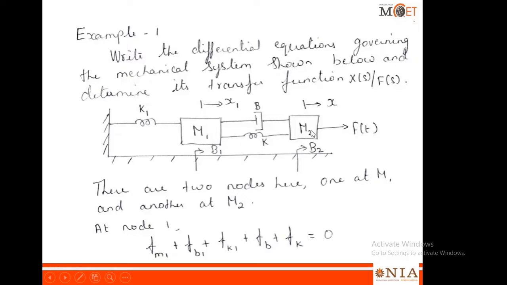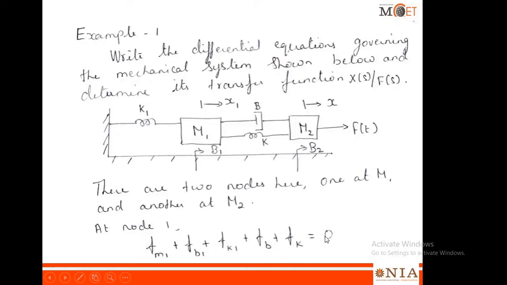You can see that there is a force applied only on the second node. So there is no force acting on the first node. So the force balance equation will be: the opposing forces due to M1, B1, K1, B and K, the sum of all these things will be equal to 0, because there is no input force acting on it.